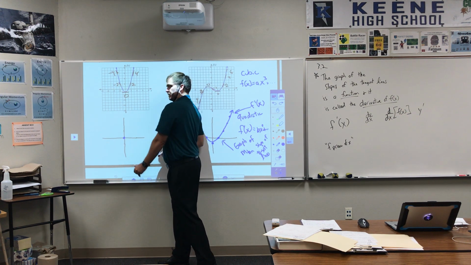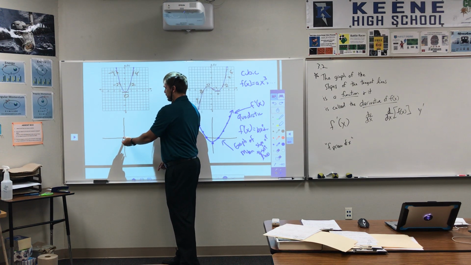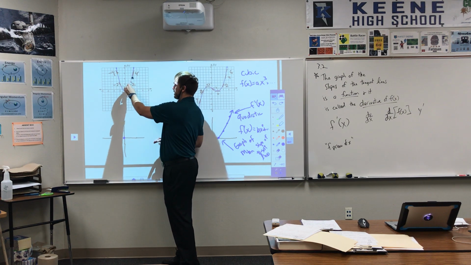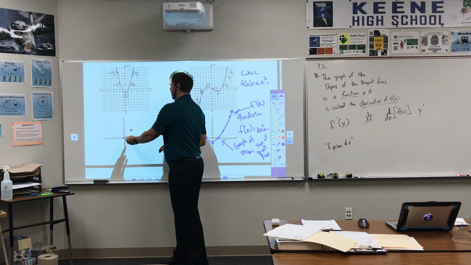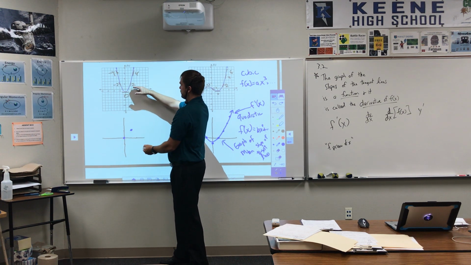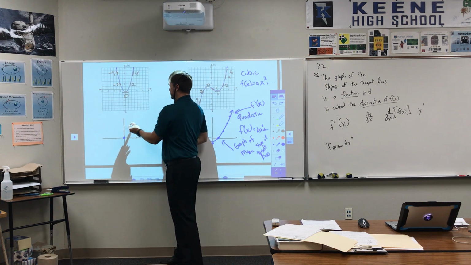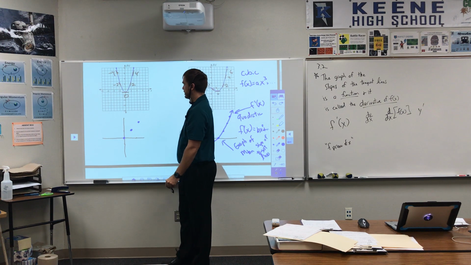So that puts me right there at the origin. Working my way to the right, around x equals 2, I'm going to have a y value of 2. Not because this happens to also have a y value of 2, but because we've determined that the slope there is 2. Kicking over a little bit more, around 3 and 4, we've determined a steepness of about 4. So I'm going to put it up there like that.